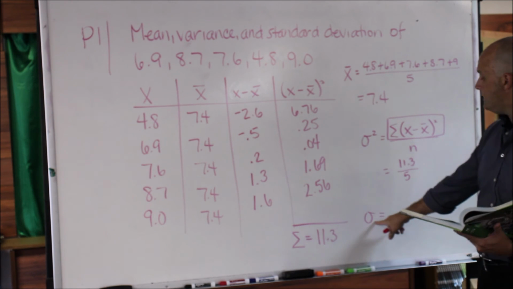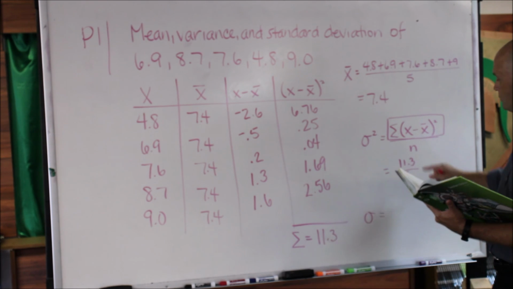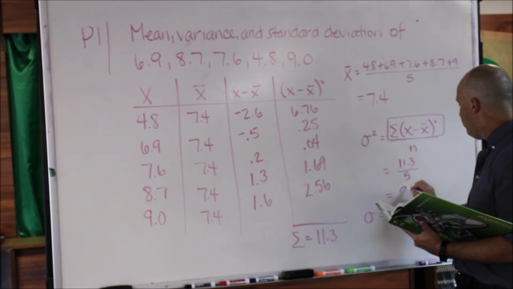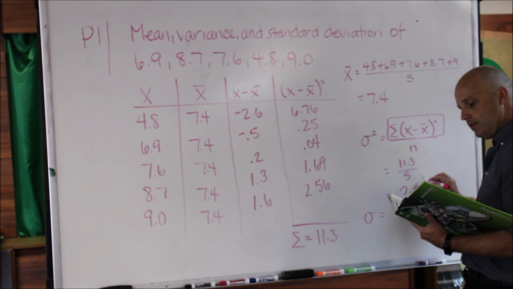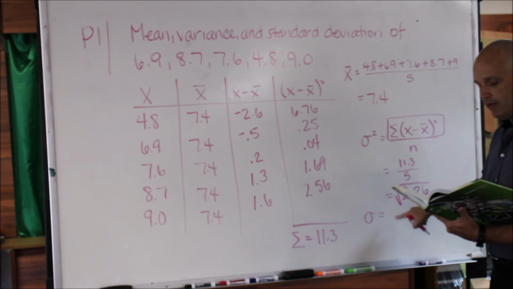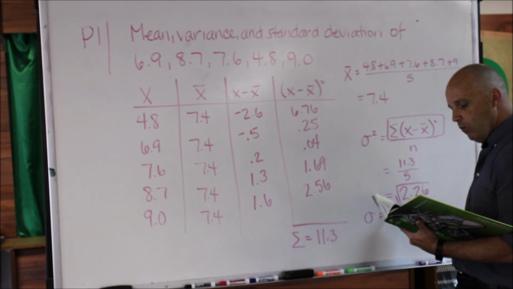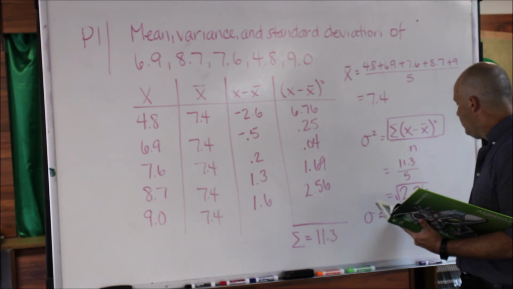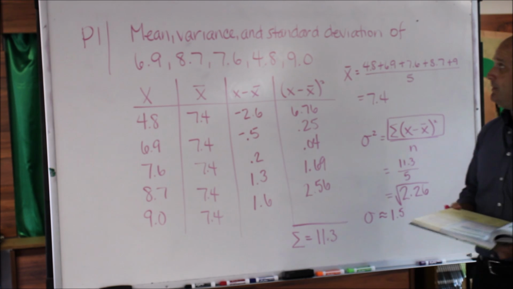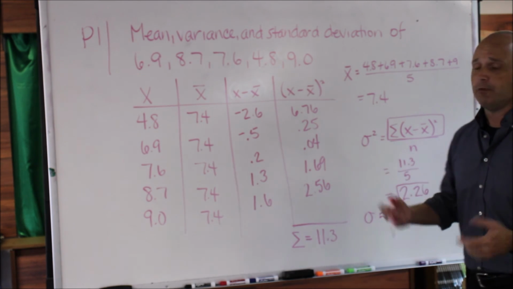Now to find the standard deviation, we're going to take the square root of that solution, and that's going to give us our standard deviation, which is going to be approximately 1.5. And so that's how you're going to find the mean, variance, and standard deviation for a group of numbers.